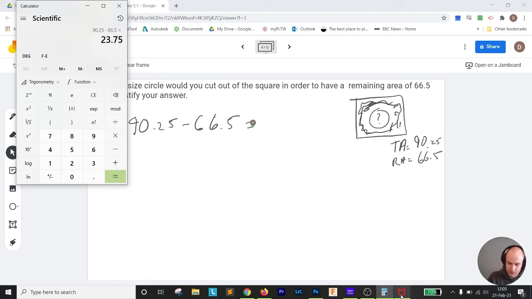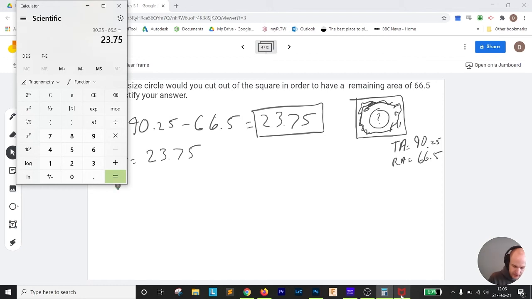And I'm getting 23.75. This is my remaining area. So that is the area of the circle. Area of the circle equals 23.75. That's the area. But what size circle is that?